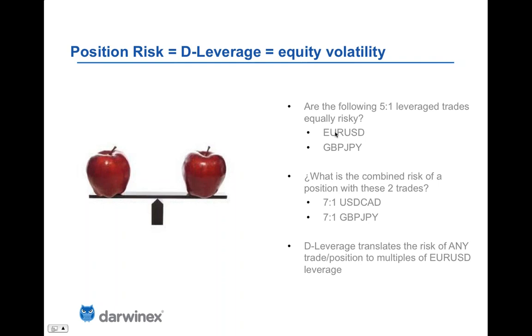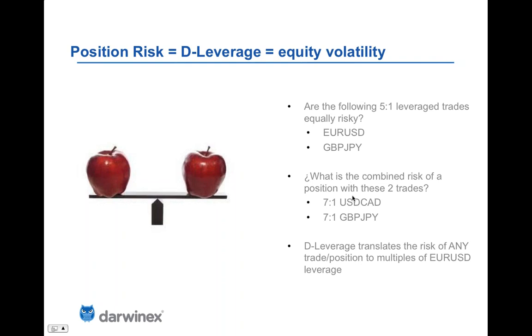That's when you're really looking at separate trades, and you're not combining them into a single position. But what happens if you have a position where you have two trades open simultaneously, one on USD CAD, another on dollar yen? Well, it will depend on the relative volatility and the correlation of both assets to each other for you to know how volatile your equity was at that point in time.